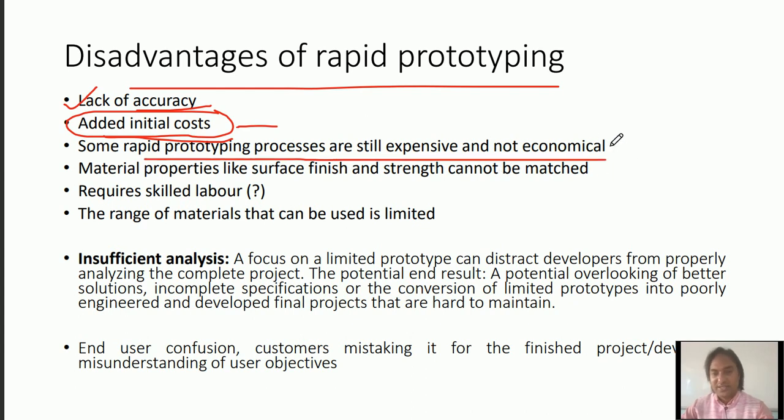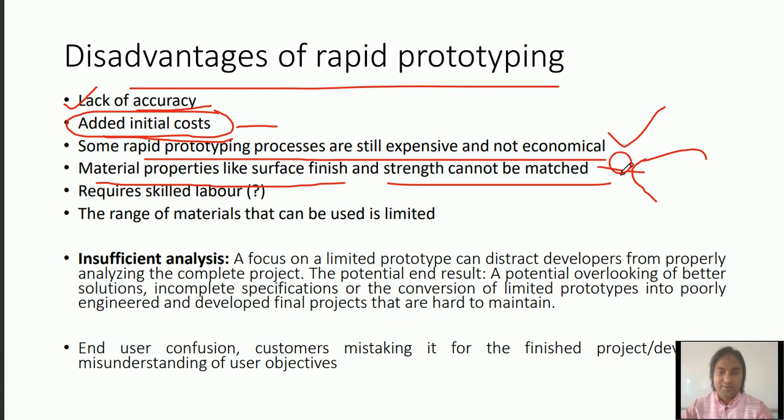Some rapid prototyping processes are still expensive and not economical. Obviously, there are some materials that are not very easily available, and again, they are costly. Material properties like surface finish and strength cannot be matched with 3D printing technology.